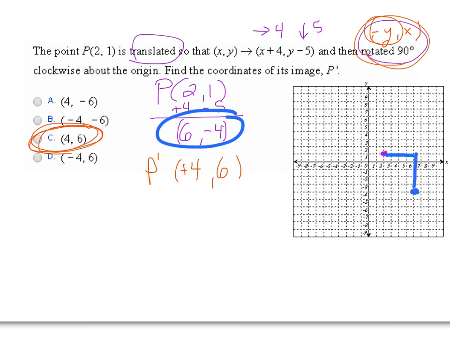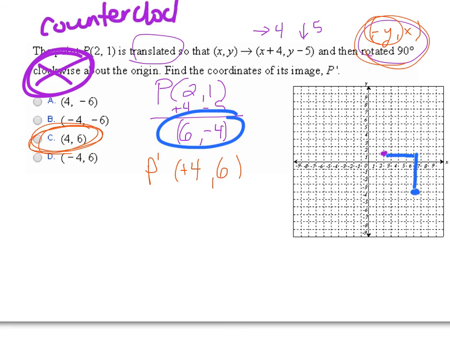Then I need to rotate it 90 degrees, and notice it's going to be clockwise. So something I just realized, let's change this so it says counterclockwise, so we can use our rule. If it's not counterclockwise, then we cannot use our rule. So let's change it to counterclockwise so we can stick with our answer.